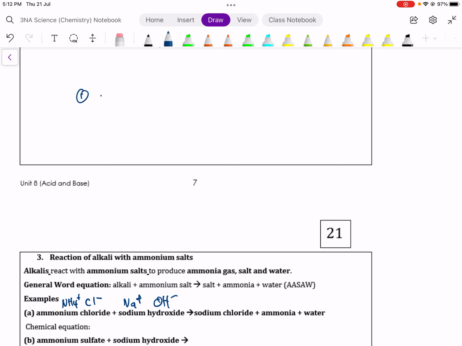So far you have learned the acid plus metal reaction, and by metal I mean reactive metal, basically anything from Mg all the way down to lead, because the metal reactivity series goes this way: potassium, sodium, calcium, magnesium.